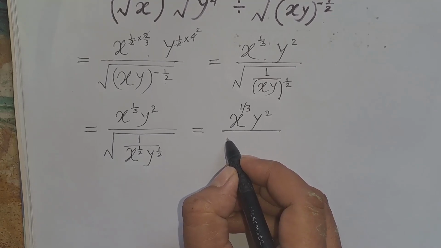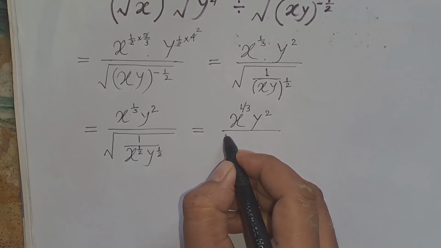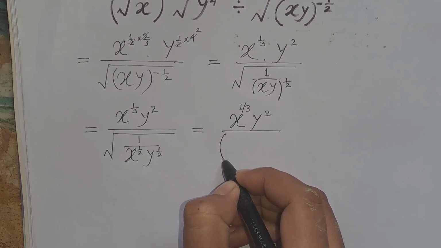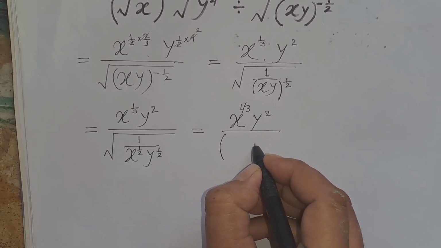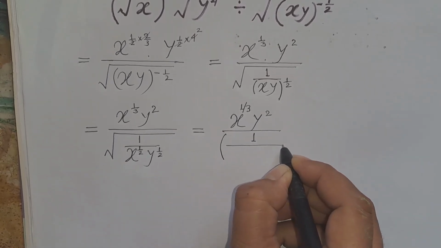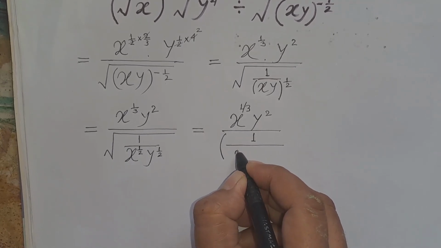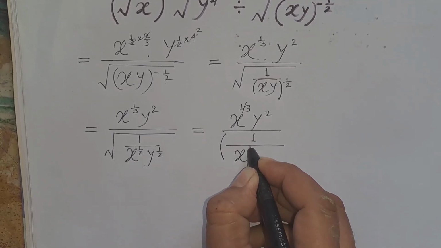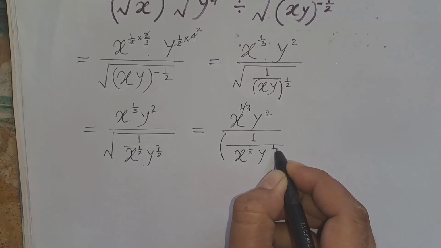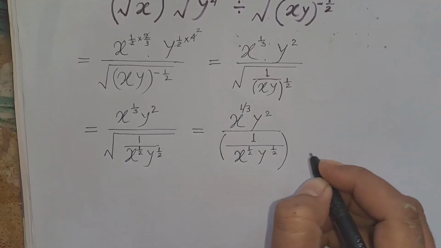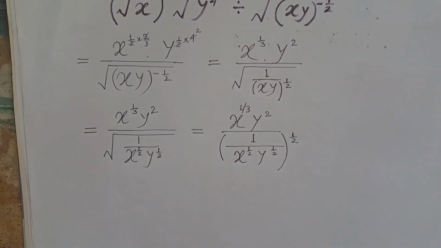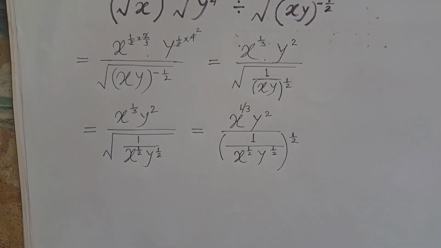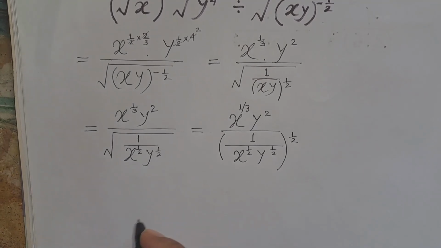And in the denominator, look, this is the square root, so we can write it as 1 by x to the power half and y to the power half, whole to the power half, because this is the square root. So the square root becomes the power of half to the whole thing.